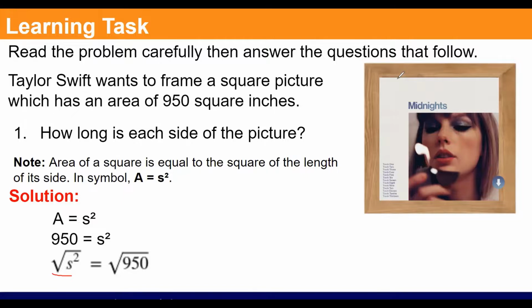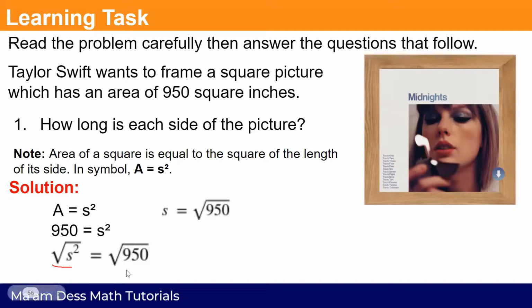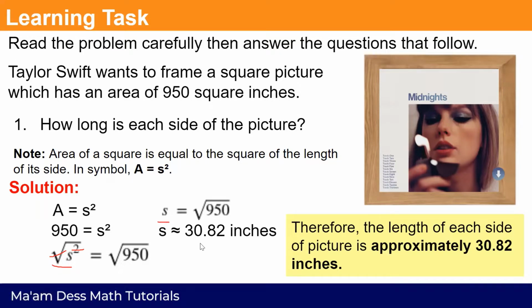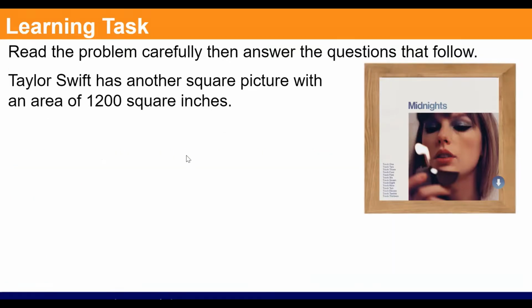So, magiging S is equal to square root of 950. So, now, kakanselan po kasi ito, yung radical sign, at saka yung square root na 2. So, ang mangyayari, we have S is equal to square root of 950. S is approximately 30 and 82 inches. So therefore, the length of each side of picture is approximately 30 and 82 inches.